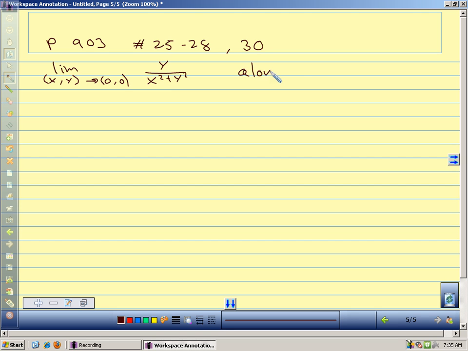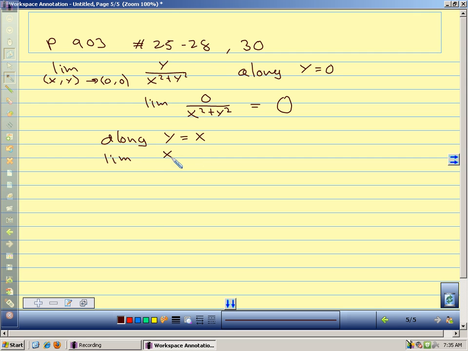and along y equals 0, we're just looking at the limit of 0 over x squared plus y squared, and clearly that's going to be 0. Now if we want the limit along y equals x, I'm going to substitute x for y here, because y equals x.